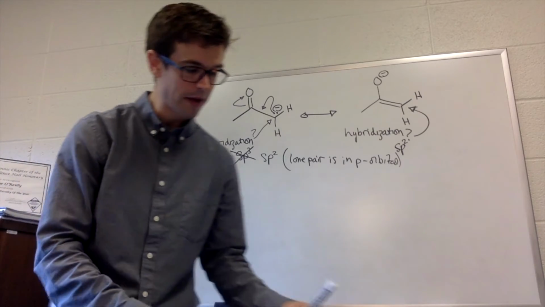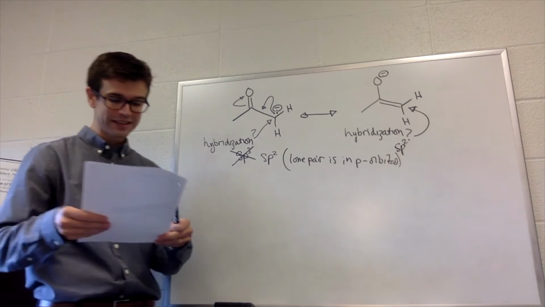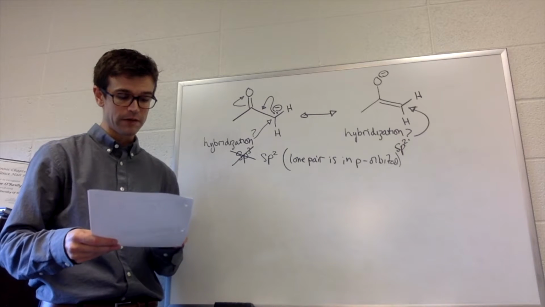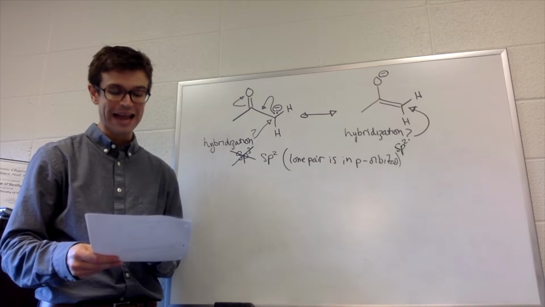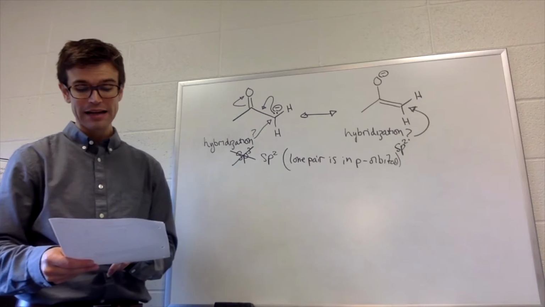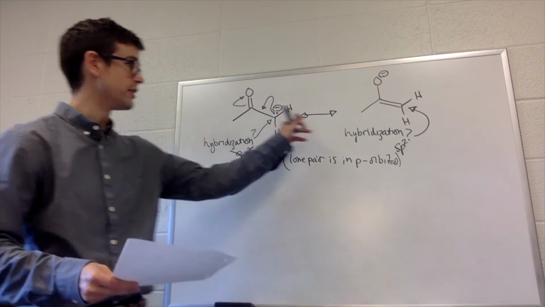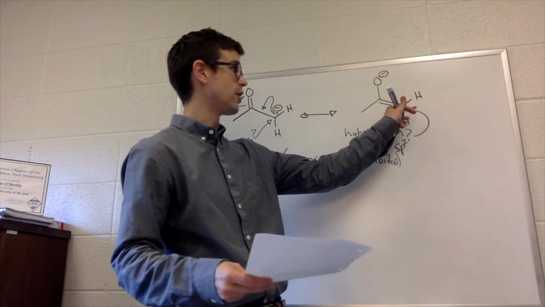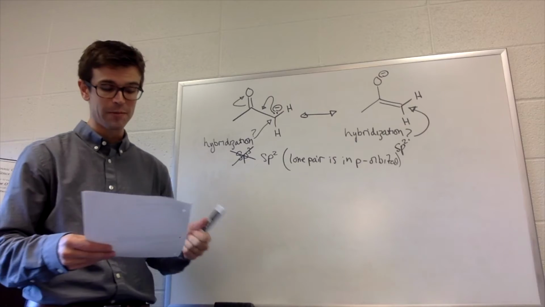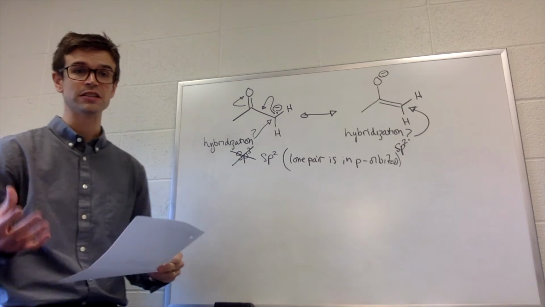And on the bottom of the page it says, if a resonance structure shows that an atom, like that carbon, has any pi character, and it does, right? In this structure here, this carbon has a pi bond, so it has pi character. You must assume that the hybridization is adjusted accordingly.